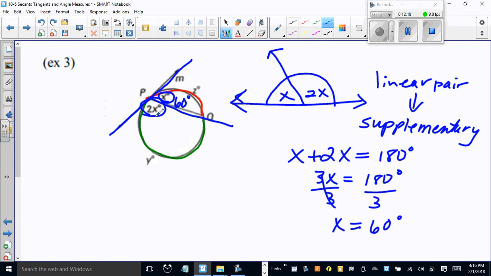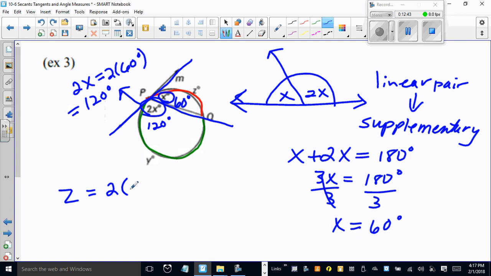Now, we can get this angle because this angle is 2x, and we now know x is 60, so 2 times 60 means that angle is 120 degrees. So that's 120 degrees. Now we can get z and y. Since z is the arc inside of angle x, then that means z is equal to 2 times the measure of this angle. So it's going to be 2 times 60 degrees, which is 120 degrees.